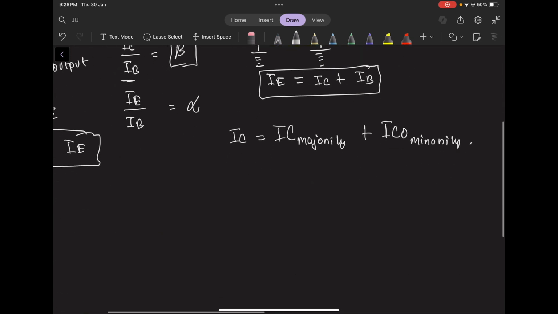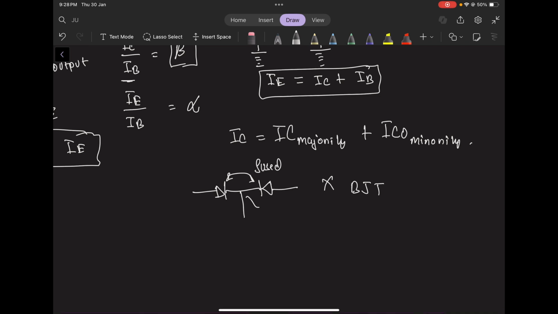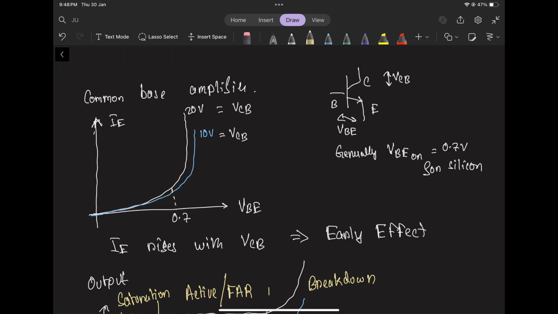Keep this in mind that two PN junction diodes attached like this won't act as a BJT, since these two layers need to be fused and this terminal needs to be made high resistance in order for this structure to work as a BJT. So now talking about common base amplifier circuit.